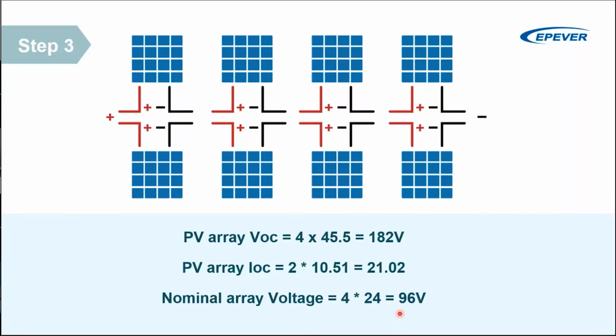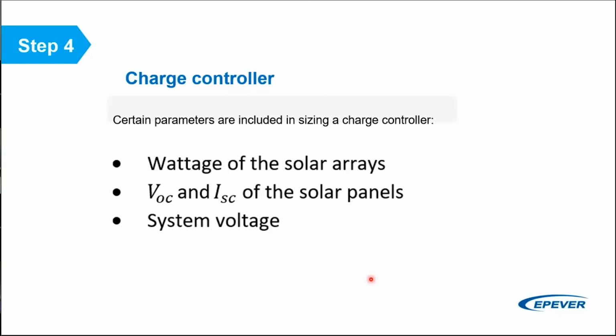You don't have to worry about this high voltage as long as this open circuit voltage is in range for the charge controller. So for now, just keep in mind that with this configuration, we have 182 volts on our PV array and about 22 or 21 amps ISC from our solar panels. So we are done with the solar panels.